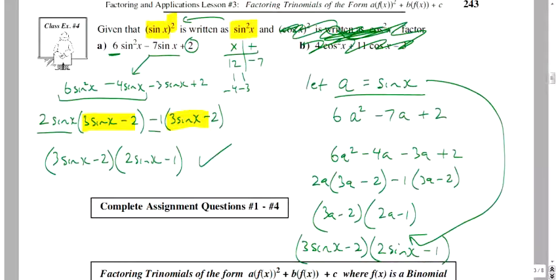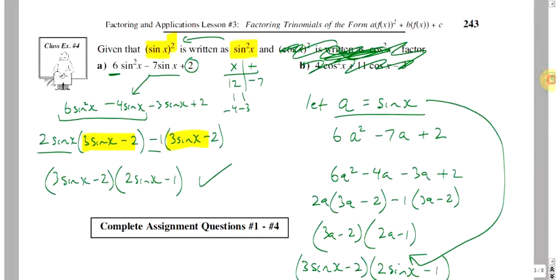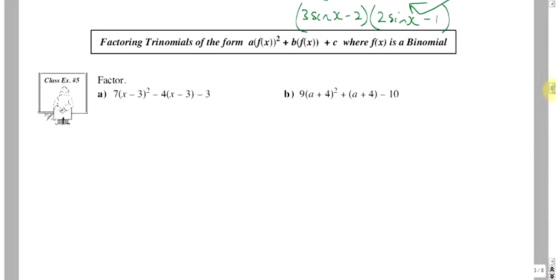Okay, any other questions? Got one more. So far I've been saying, why bother do substitution? Well, here you're probably going to want to. Okay? Because this one can get really ugly in a hurry.